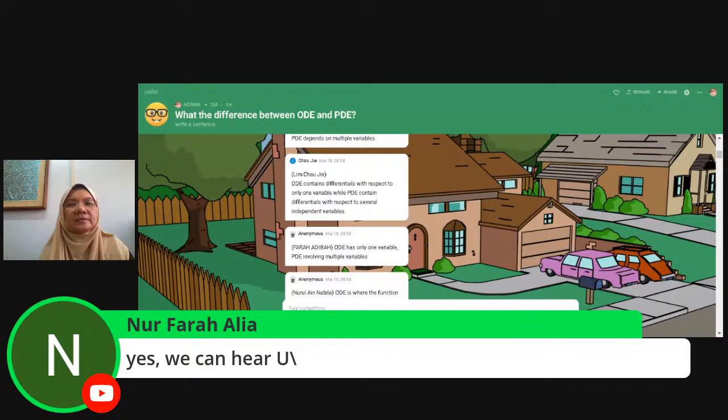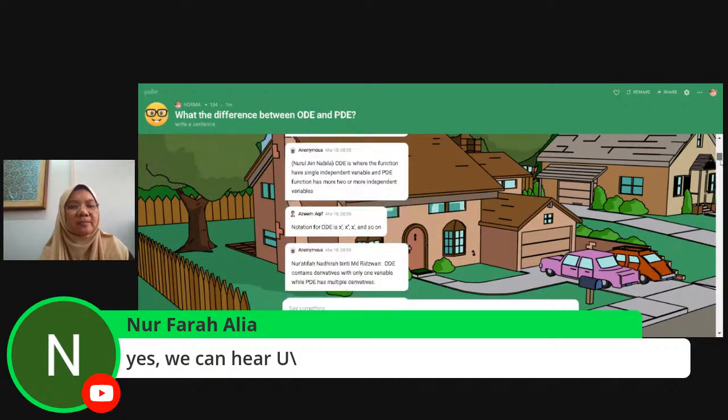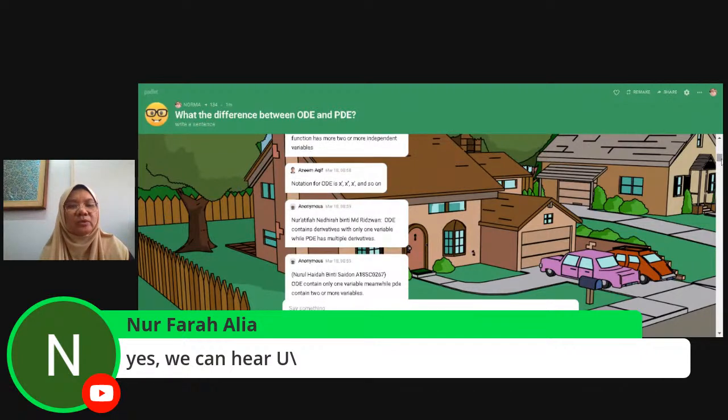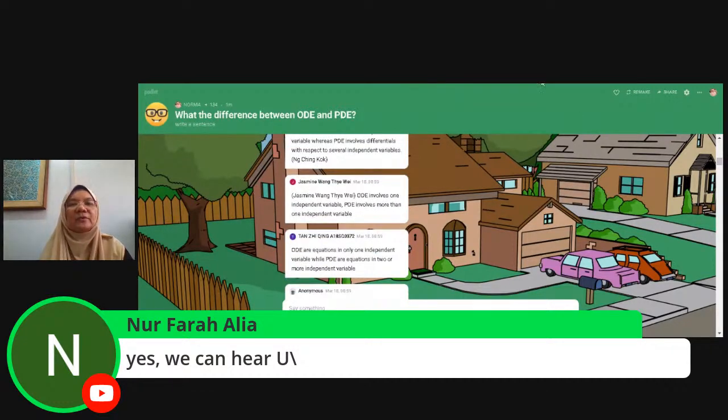Very good. This is all the answers you can see here. For example, Nora Tifah said that ODE contains only one variable, PDE multivariable. Very good. And then ODE contains one variable, PDE contains more than one variable. Very good. So I stop sharing.